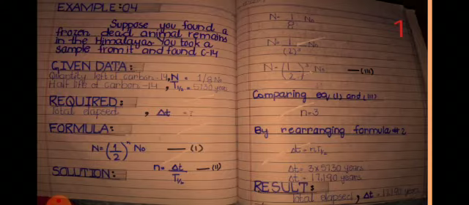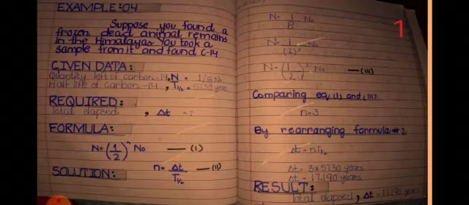And for finding the delta T, we need to find out a small n, that is the number of half-lives. So we will find the n by using the formula N is equal to (1/2) power n, N naught. In solution, we will take the relation, that is N is equal to 1/8 N naught, where N is equal to 1 divided by 2 whole cube N naught, and where N is equal to (1/2) power n, N naught.